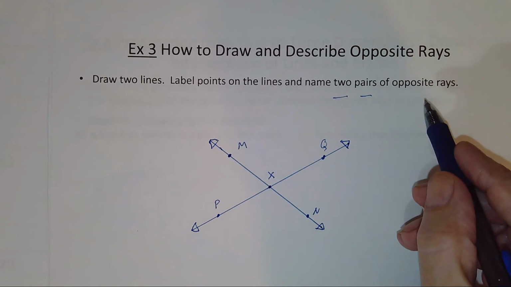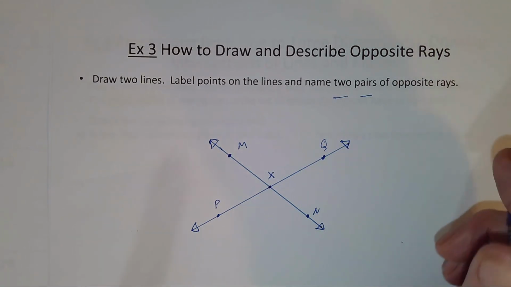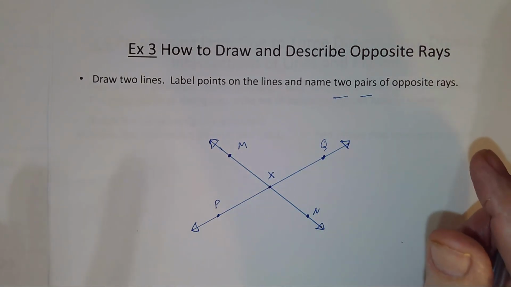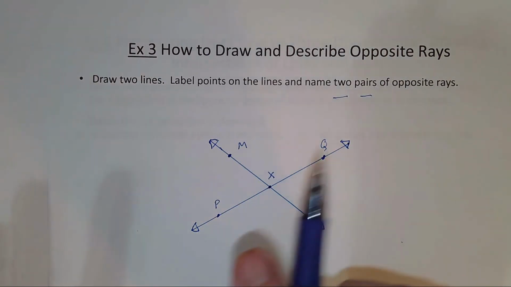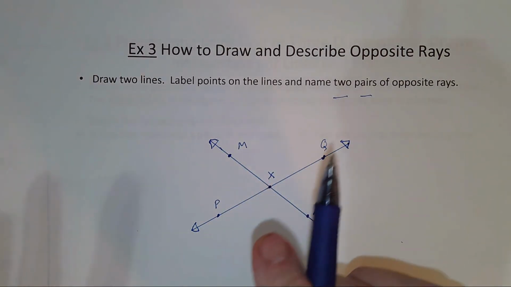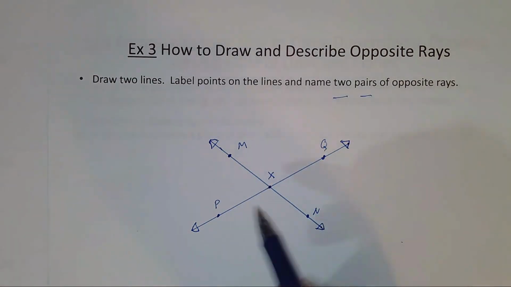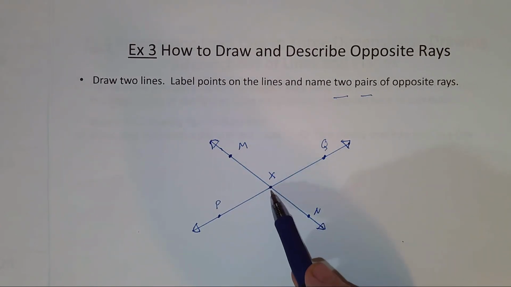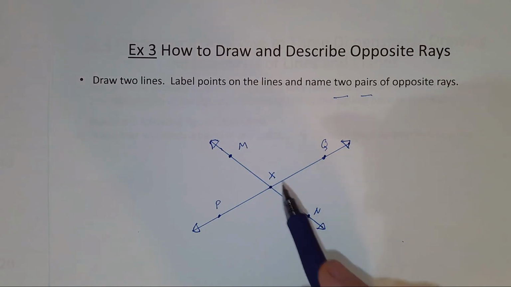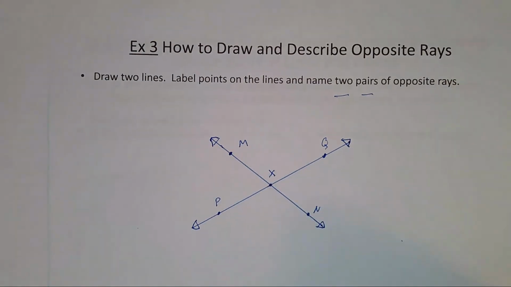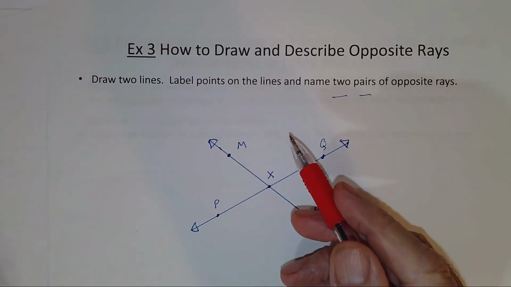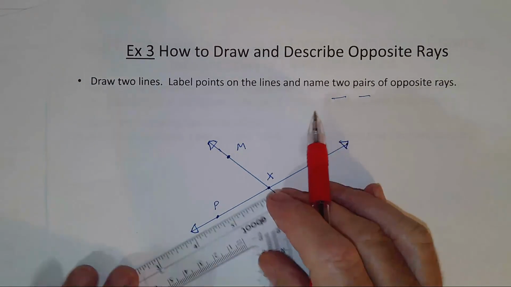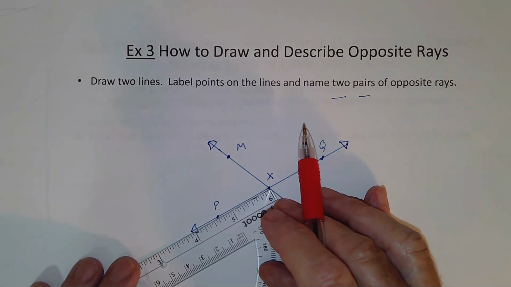Now remember, one pair is two things. So it's like a pair of socks. You don't put on just one sock, you put on two socks. So I've got this line PQ, it has a point here in the middle, and so there's a ray that goes off in this direction from the endpoint X, okay?